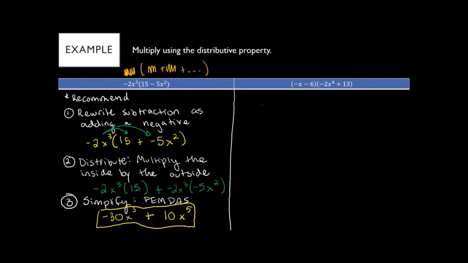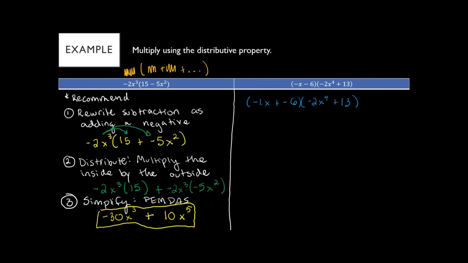So negative x is the same as negative 1x, and sometimes it helps to actually see that number instead of just knowing that's assumed. So I just had to change that negative x to a negative 1x, and then minus 6 to adding a negative 6, and then the other part can stay the same. There's no subtractions in the second part.